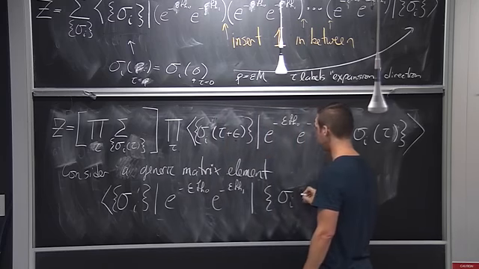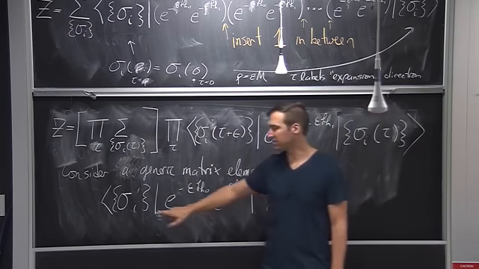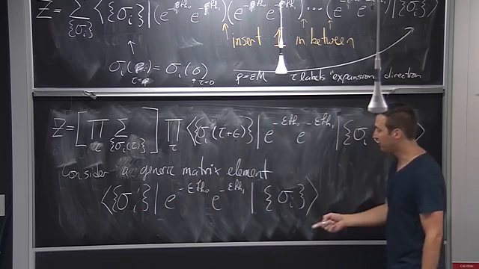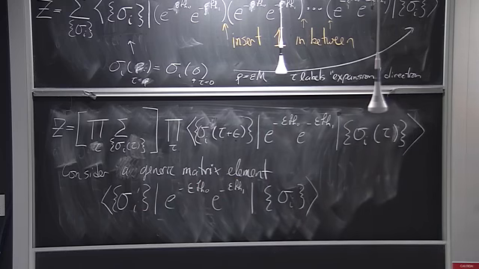So let me take sigma prime as the bra, just sigma as the ket. Generally, these can be different states, and since you have an off-diagonal operator here, you know they have to be different states. Okay, so let's evaluate that matrix element.